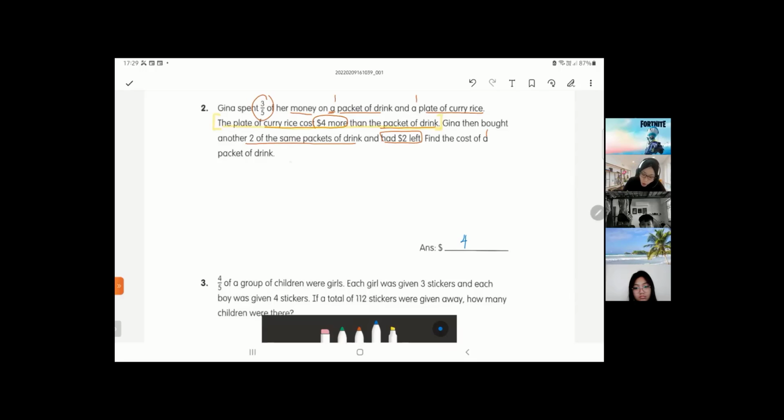So the cost of one plate of curry rice equals the cost of one packet of drink plus $4. This is my more. If you don't understand my statement, I will draw out the model for you.